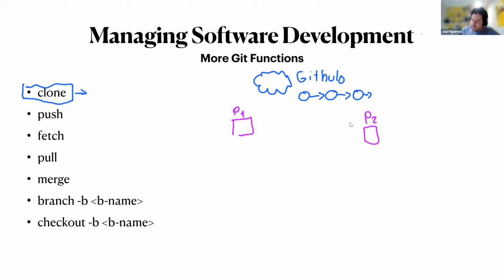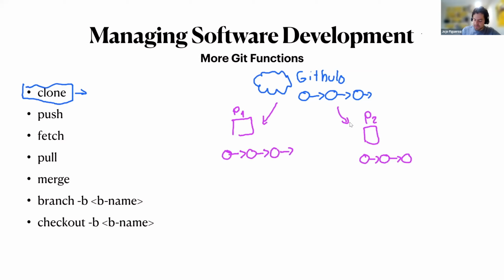So with clone, they will have the same instance as GitHub, but in their local laptops or computers, right? So they will have this over here. Okay, so that will be the first thing that we're going to be doing.